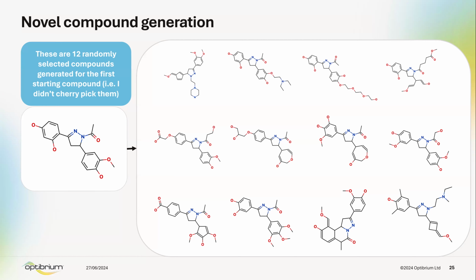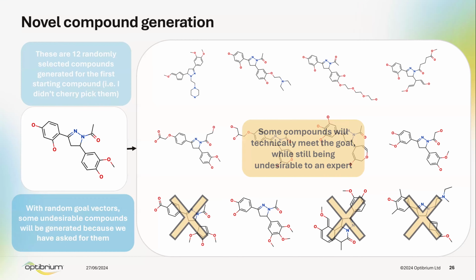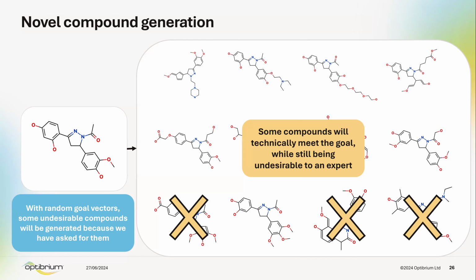And they actually illustrate some of the problems that you see with big AI models. All of these compounds technically meet the goal that the AI was given, but some of them, while they meet that goal, are actually undesirable to an expert. And the combination of the inference engine and an expert user means that we can identify these automatically and filter them out before they're ever seen, without having to fully retrain the AI on whatever makes these compounds undesirable.